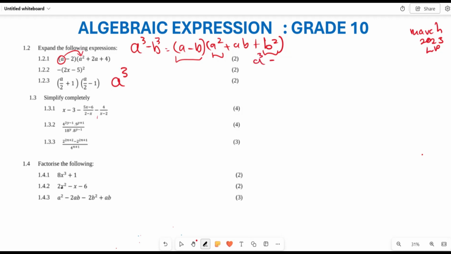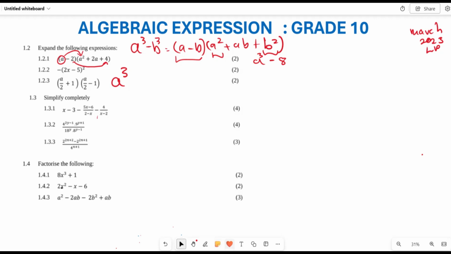Subtract, now what is it that you're having here? 2 multiplied by 4. What is 2 multiplied by 4? This is going to be 8, right? And indeed, 8 is a cube number, so this is the same as a cubed subtract 8. So this is what you are going to have firstly, right?